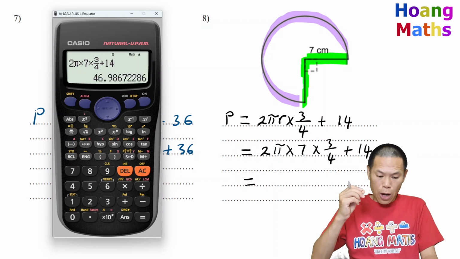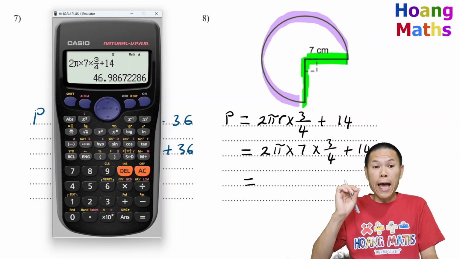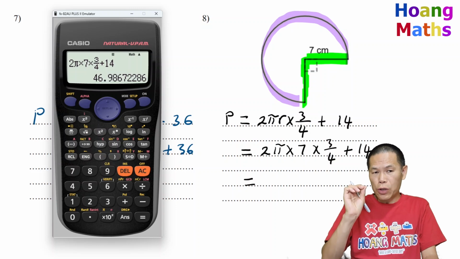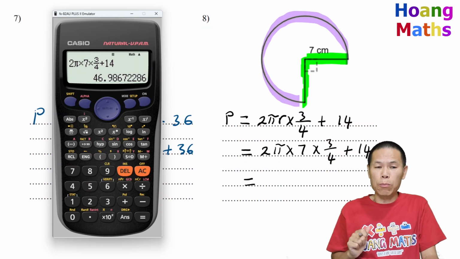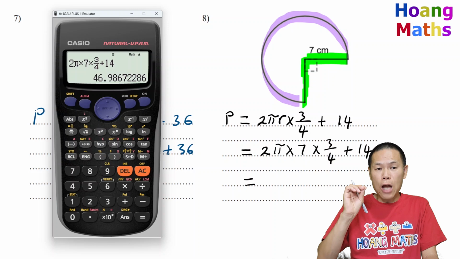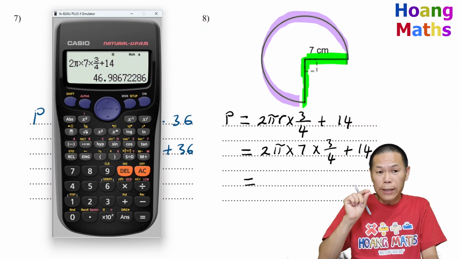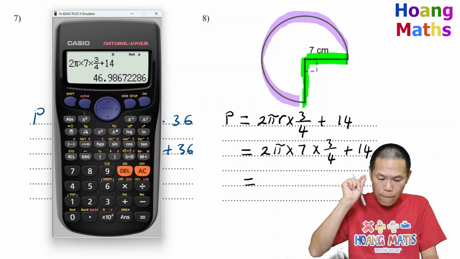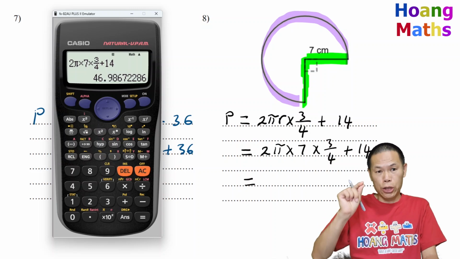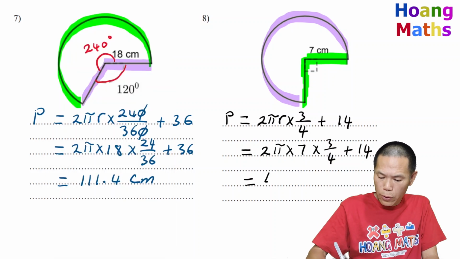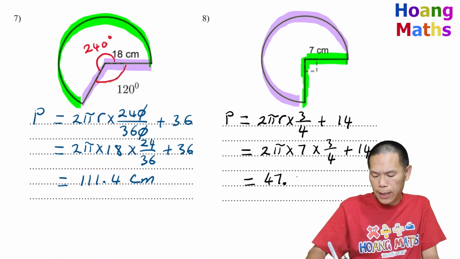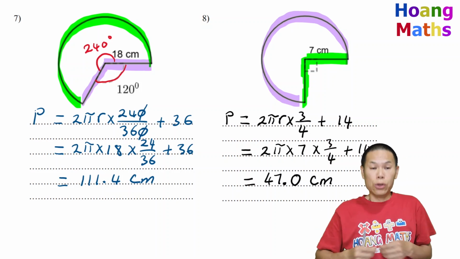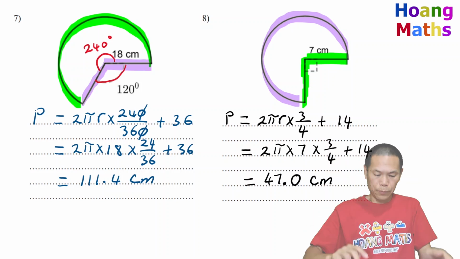So there you go, 46.986 and so on, because don't forget, we need to round to 1 decimal place. So the number after 9 is 8. So 9 plus 1 is 10. So that means 46.98 becomes 47.0, because 1 decimal place, okay? So the unit is centimeters. So there you go.